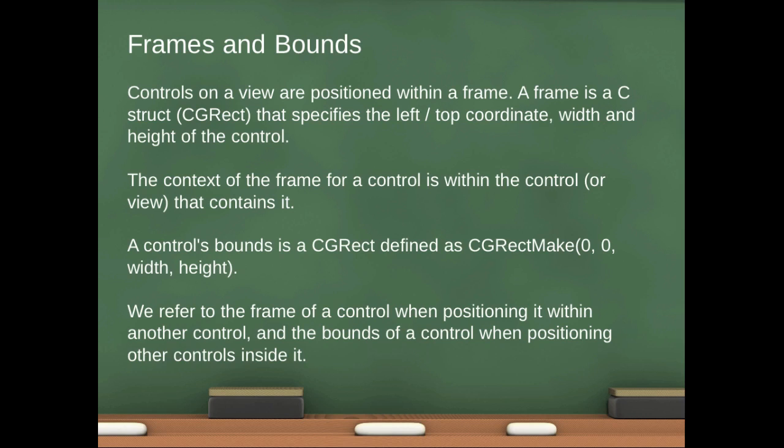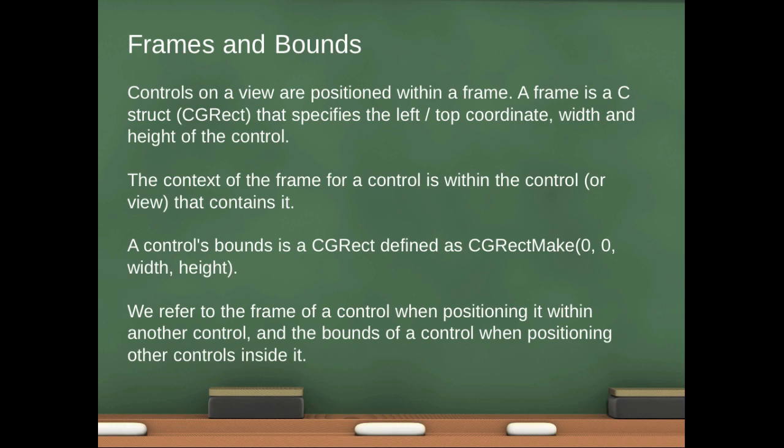So a control's frame specifies the top left coordinate within its containing view and also its width and its height. Now, on the other hand, a bound for that control is defined as a rectangle with 0, 0 as the top left coordinate and width and height as the width and the height.